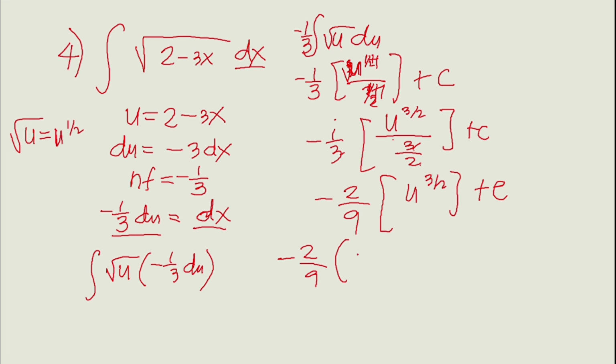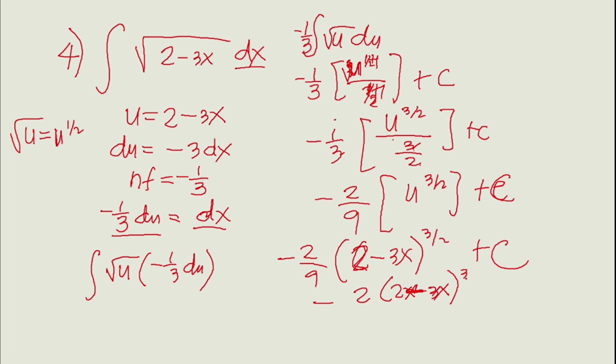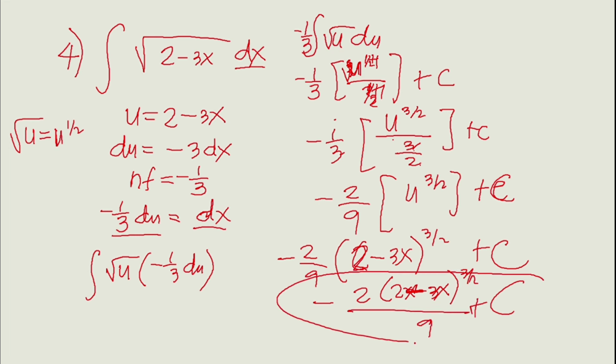Our u is 2 minus 3x raised to 3/2 plus c. Okay, so we can have this as negative 2 times (2 minus 3x) raised to 3/2 over 9 plus c. Okay, that's number 4.